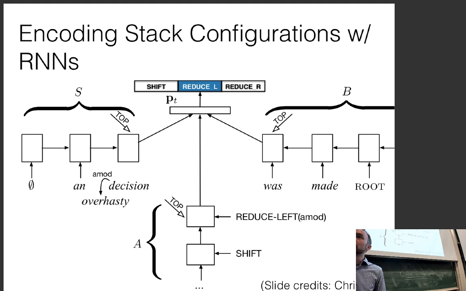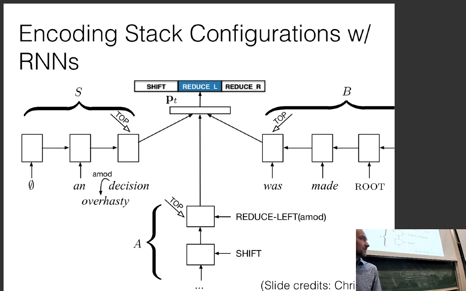So basically what we do is we just make 3 RNNs, specifically LSTMs. We have one to encode the buffer, which basically reads all the words from the end of the sentence to the beginning of the sentence. So these are all the things that we haven't parsed yet. We have another RNN that encodes all of the past actions that we have taken. And then we have another RNN that encodes the stack.